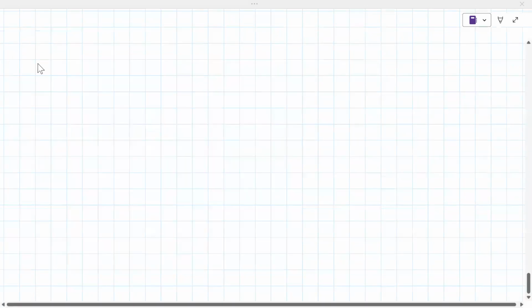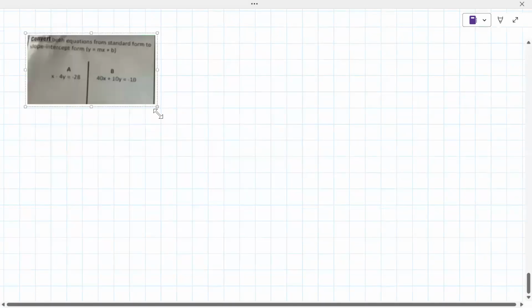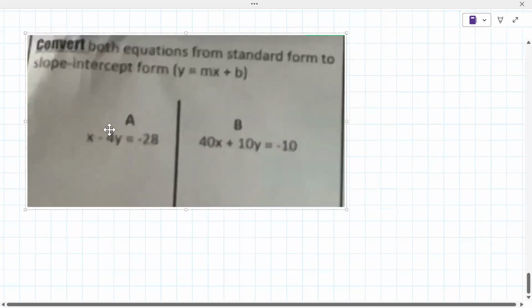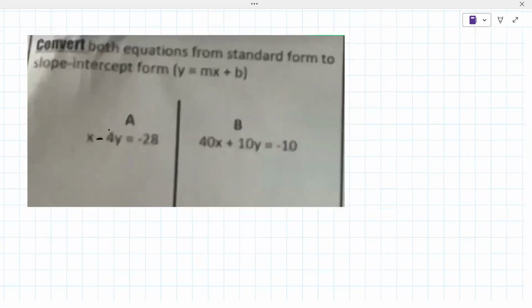A lot of repetition here. That's okay. So I want you to try solving the first one for y. Let me know what you come up with.